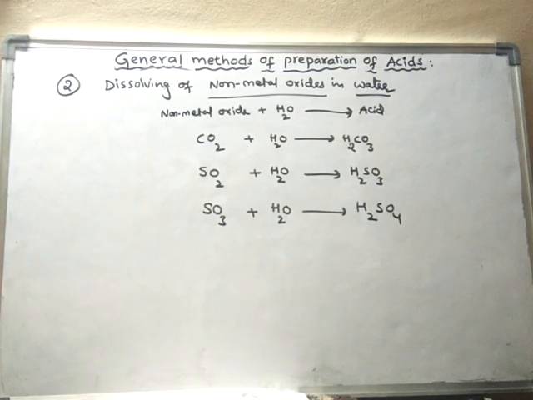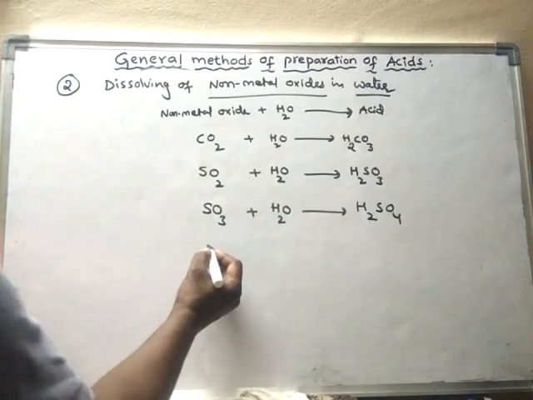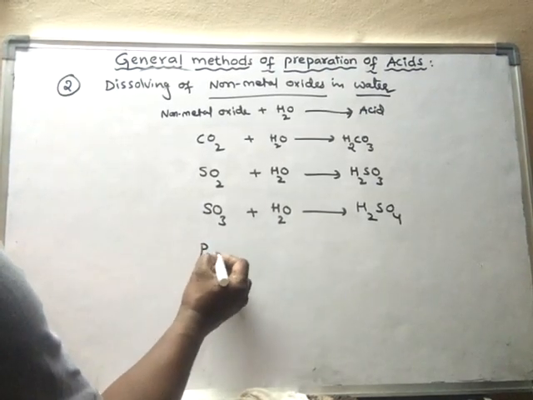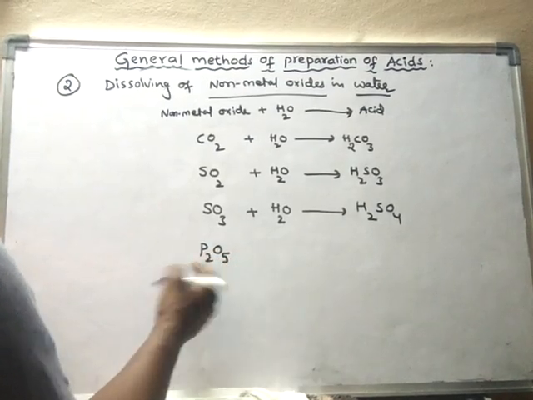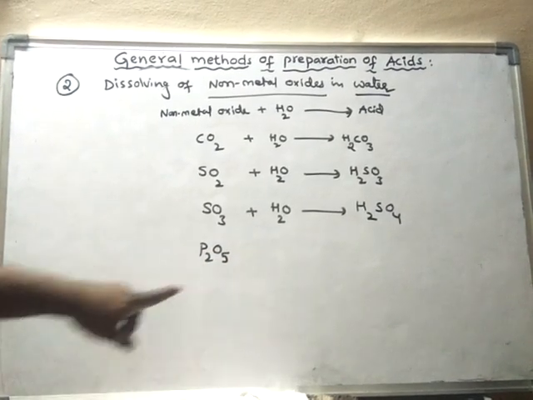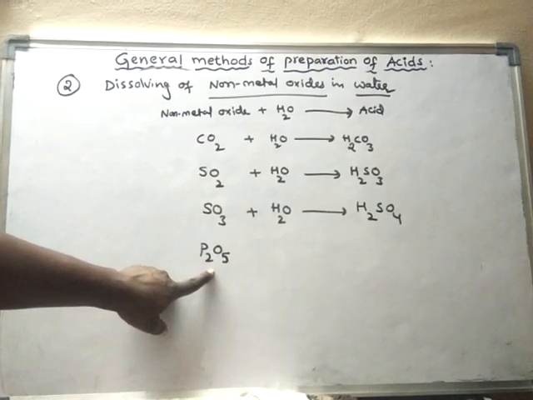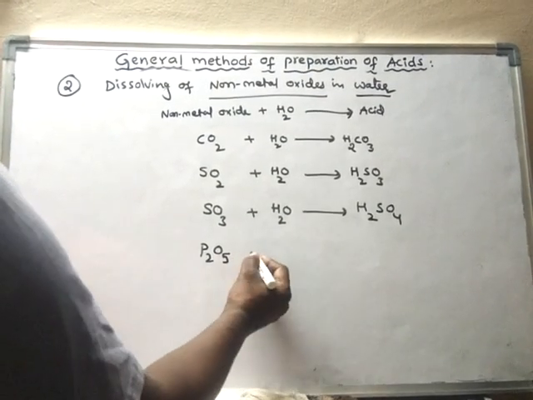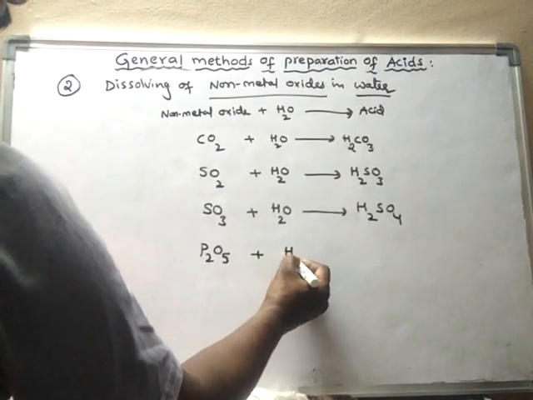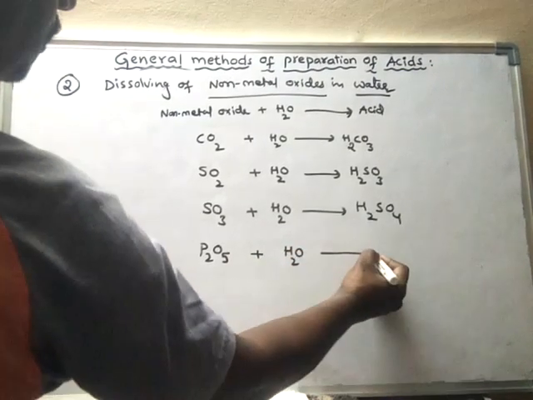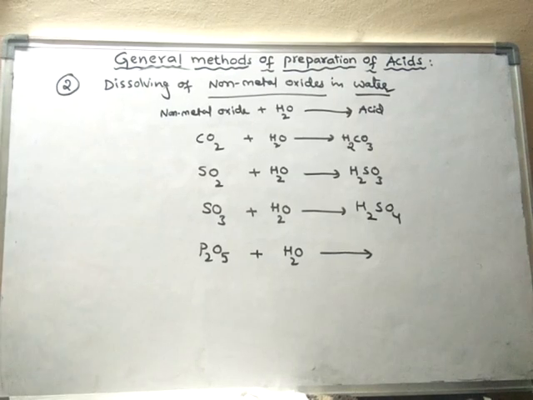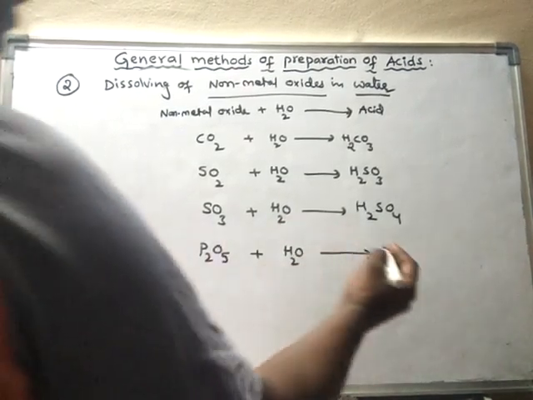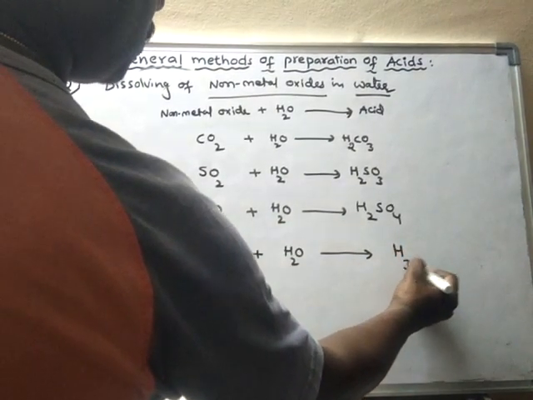Next example, phosphorus pentoxide, P2O5. It gives white dense fumes. When it is dissolved in water, it forms phosphoric acid, H3PO4.